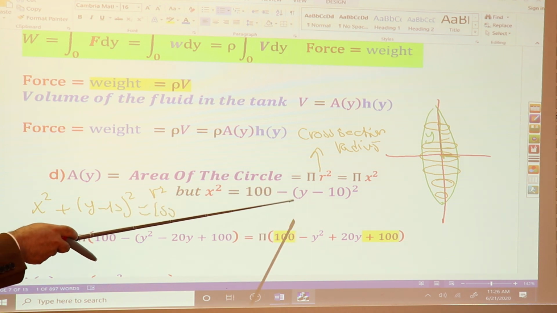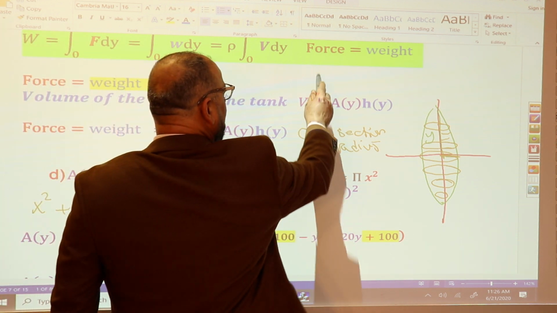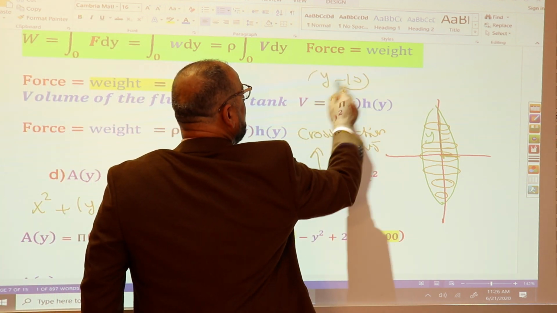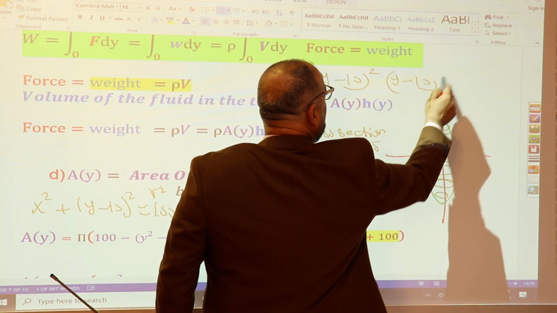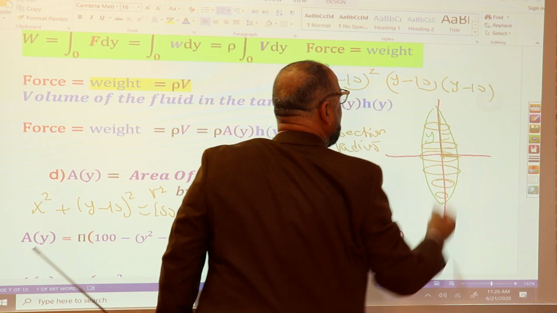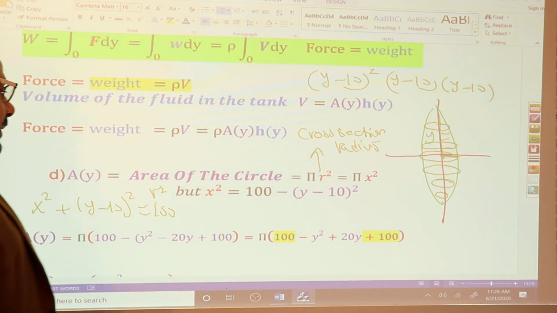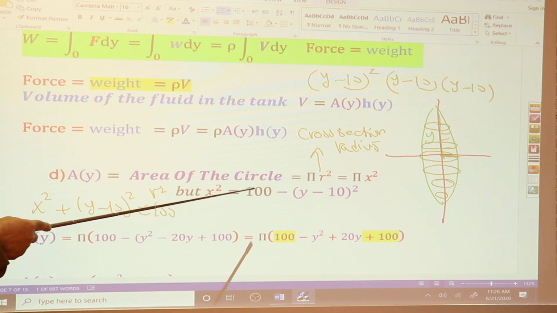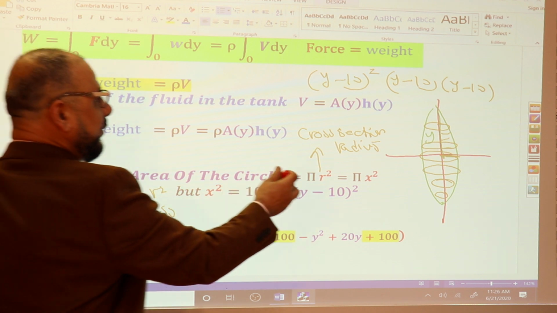You have to deal with y minus 10 squared from basic algebra. You have to multiply y minus 10 times y minus 10, which gives you y squared minus 20y plus 100. Apply the negative sign, and it's going to be negative y squared. I'm going to write it for you.